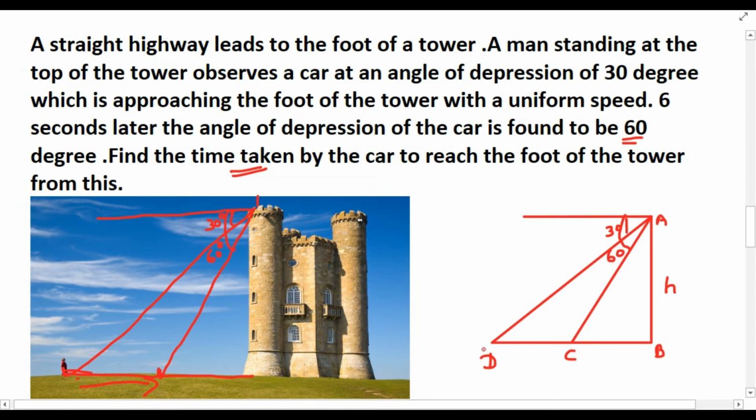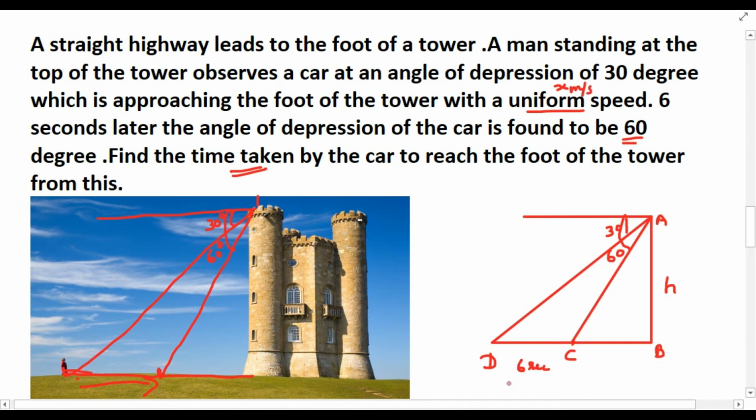First, the car was at the point D, and after 6 seconds, the car has reached the point C. They have given that it is moving with a uniform speed, so we will take the speed as x meter per second.